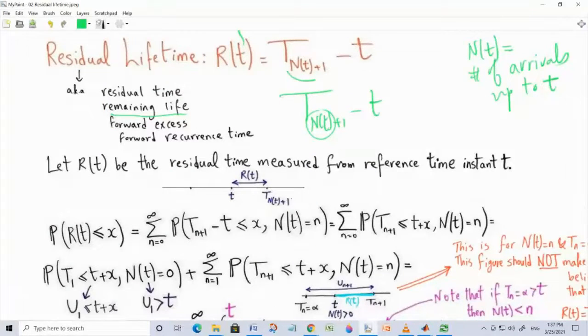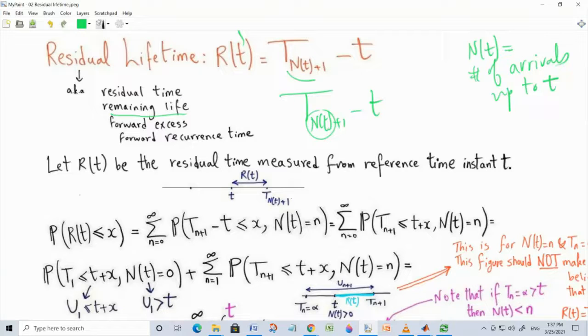And it tells us that, if you want to compute the PDF or CDF of the residual time, perhaps it's a good idea to use the law of total probability and to involve all possible values of N of t. Okay, and this is exactly what we will do.